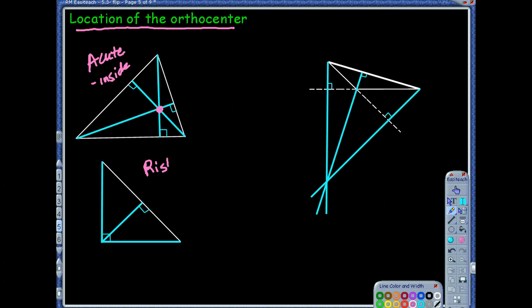And let's go down to here. A right triangle. The orthocenter looks like it's located on the triangle, but it's located at the vertex of the right angle.